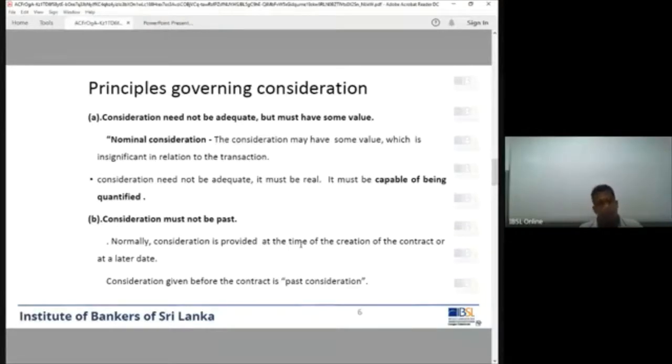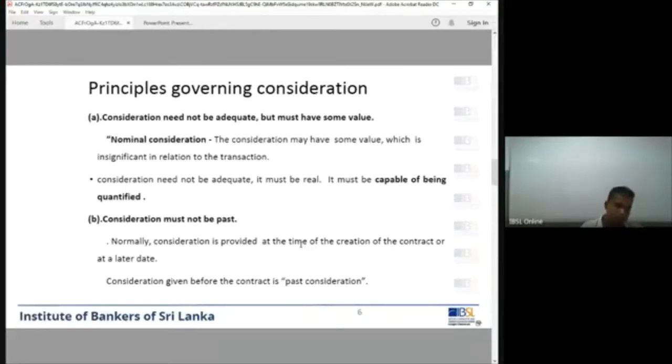So that type of consideration, the amount that you put into the transaction, is considered a nominal consideration. Under the law, nominal consideration is not accepted as a valuable consideration for a contract. You can't put a nominal value to a contract.